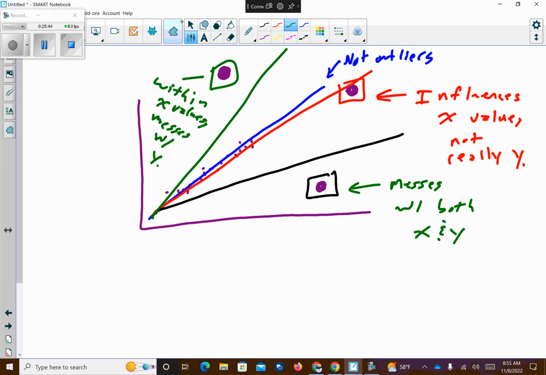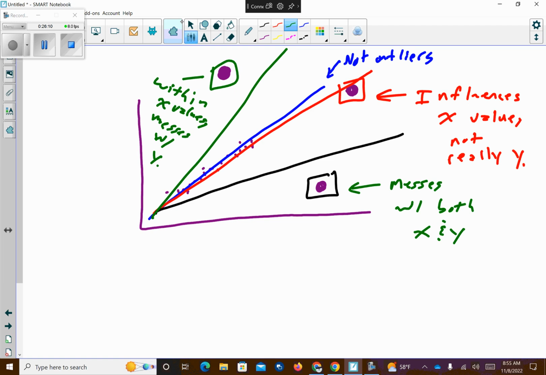You could have something that is an outlier, like the red dot, that kind of helps our relationship. 3, creating a strong relationship from no relationship at all. So an outlier could change our R value to a better direction towards 1 or -1. And 4, the change in direction of a relationship completely.